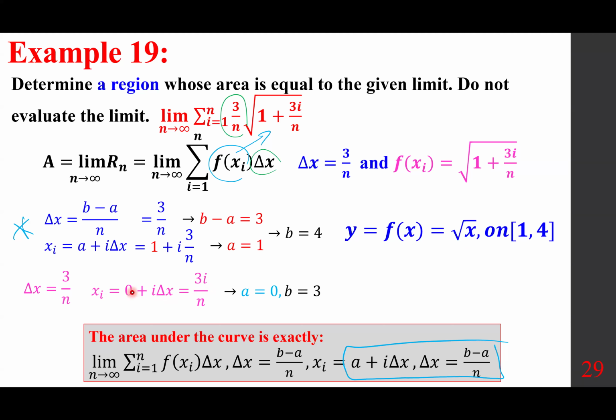And if that's the case, the function is square root of 1 plus x instead of just x under the radical. So this function, y equals f of x equals square root of x, and the interval of 1 to 4 is the same as y equals f of x equals square root of 1 plus x on the interval of 0 to 3. That works the same way. So it may not be a unique function.